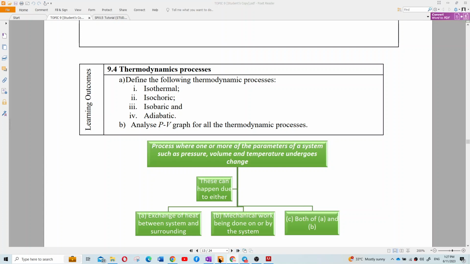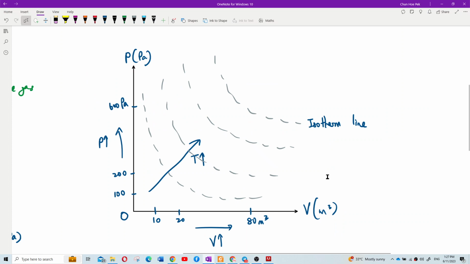Let me write it down. Isotherm line means same temperature. That means along this line, they all share the same temperature.